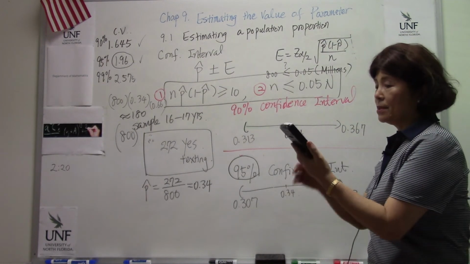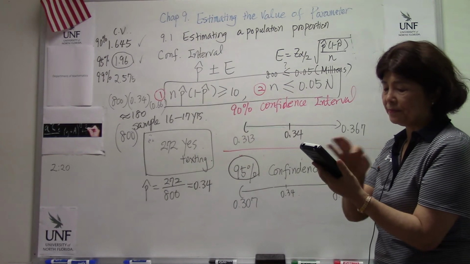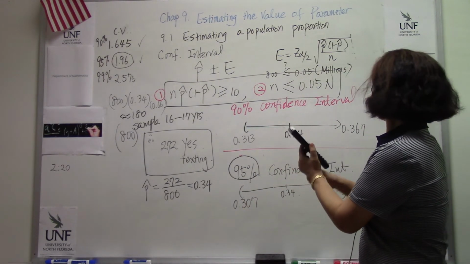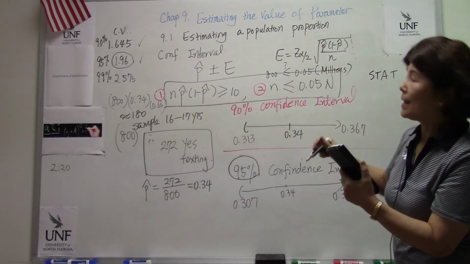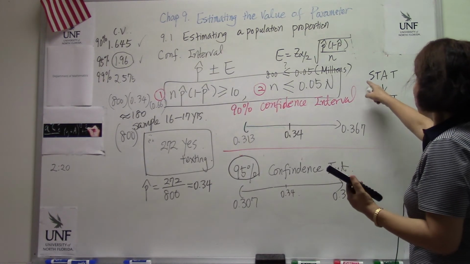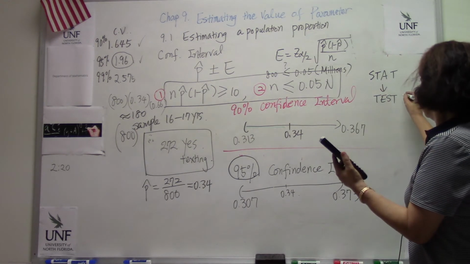Yes, we can. What we do here is go to STAT. Go to STAT, and go to TESTS. In chapter 9 and chapter 10, we are going to use a lot of tests over here.